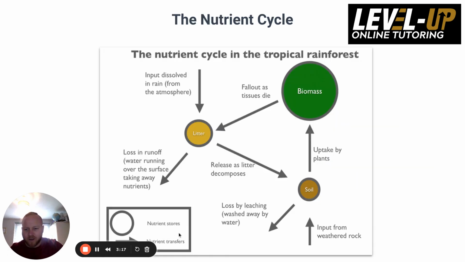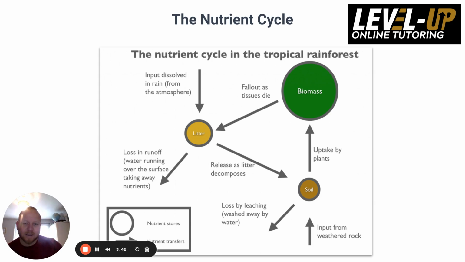Then we have the nutrient cycle. Now, this looks really complicated, so I'm going to break it down for you. I just want you to concentrate on these three elements. This is basically Lion King, right? Circle of life, yeah? We have our biomass, which is our plants and animals. When that dies, it becomes litter. Think of litter like people throw litter on the ground. So when you're kicking up the leaves in the forest, that is litter, okay?